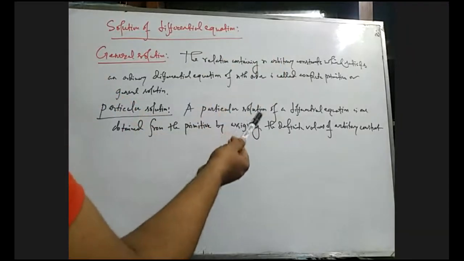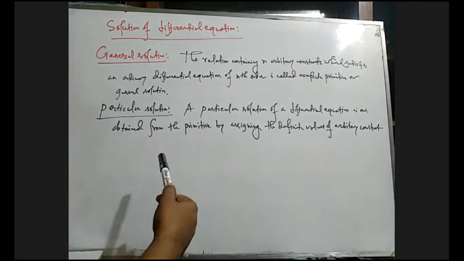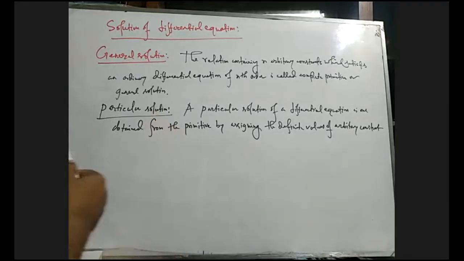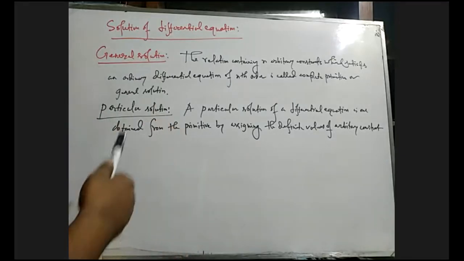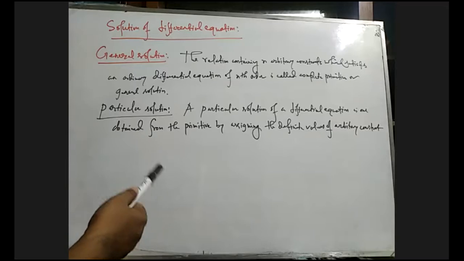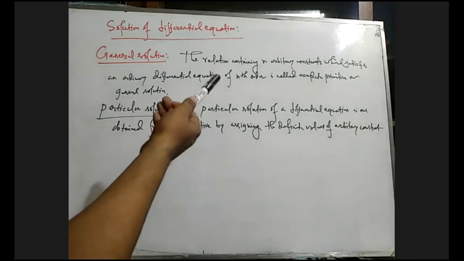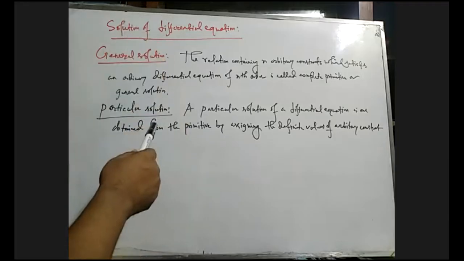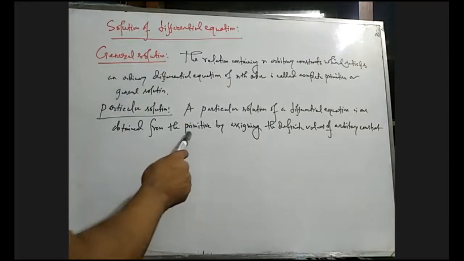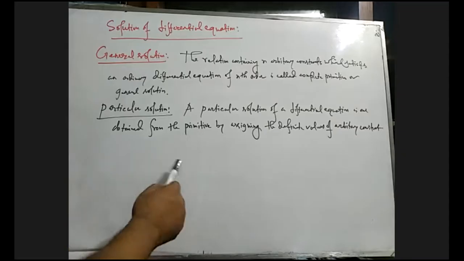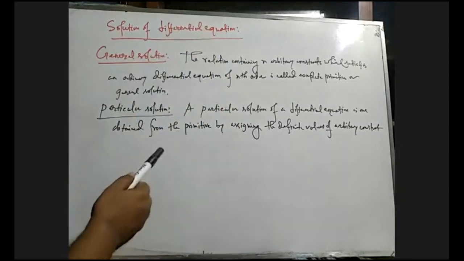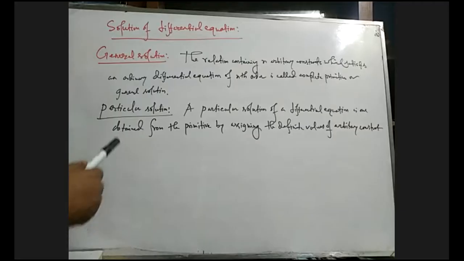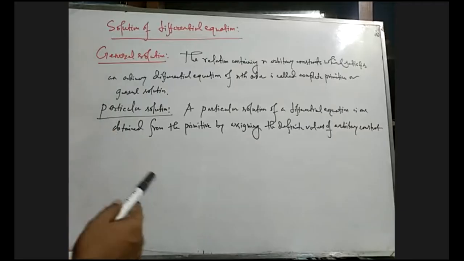After finding the values of the constants by assigning some initial or boundary values, we put the values of the arbitrary constants in the original or primitive differential equation, and if it is satisfied, then this solution is called the particular solution.